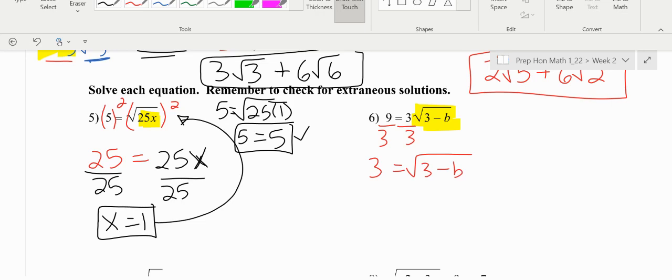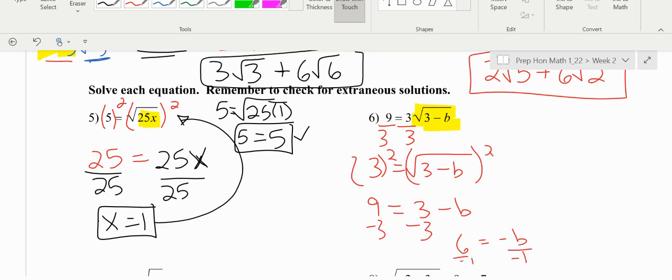I have the radical by itself, so I'm going to square both sides. And I get 3 minus b. And then now I'm just solving a linear equation. So we're going to go ahead and subtract 3. I get 6 equals negative b. If I divide by negative 1, I get b is equal to negative 6.